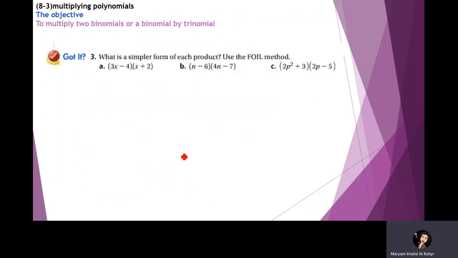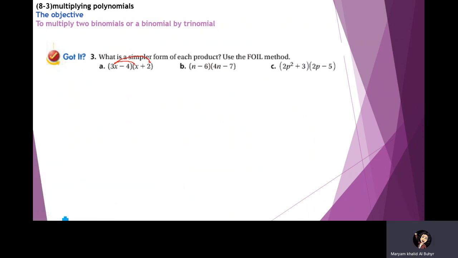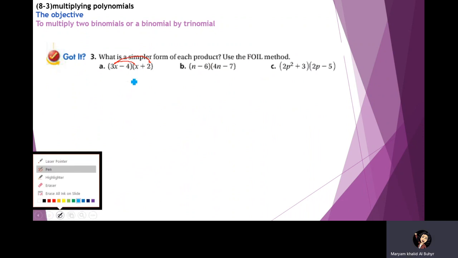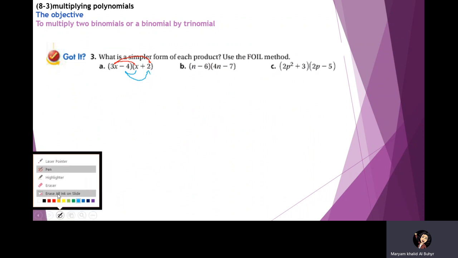Let me give you more exercise so you will feel this is much easier than the first one. So this one, the first term by the first term, the first term by the second term. Then we are going to do the second term by the first one, the second term by the second one. Let's do that.